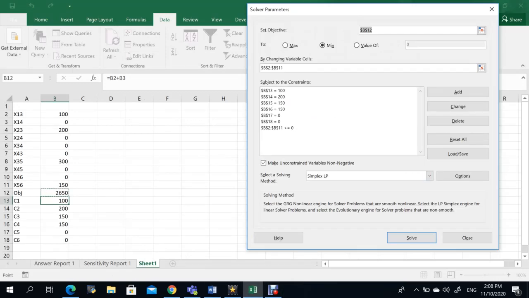And we have 6 constraints. B13, constraint number 1, is the material balance at node number 1. C2 is the material balance at node number 2, then node number 5. And C3 is the material balance at node number 6. C4 is the material balance at node number 3. And C5, the material balance at node number 4.